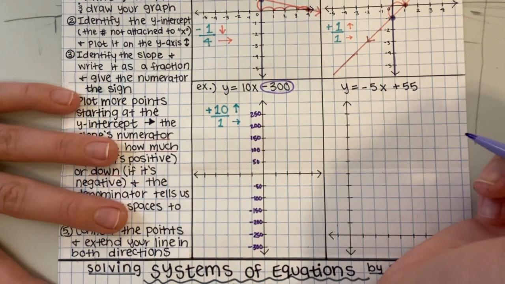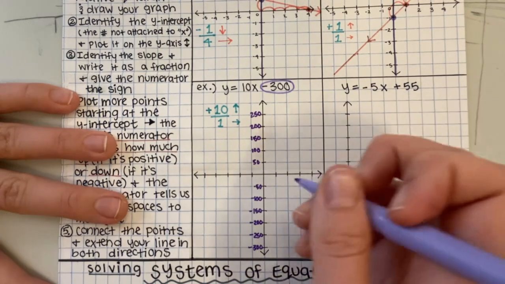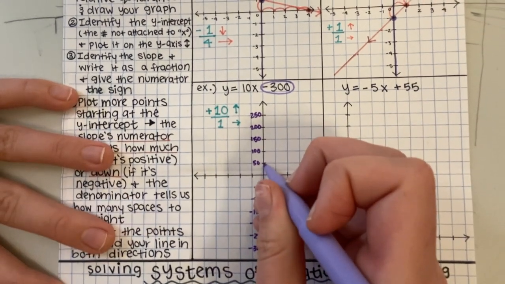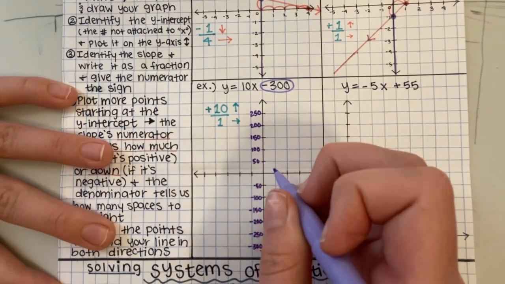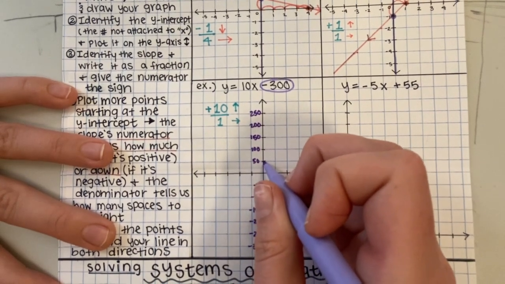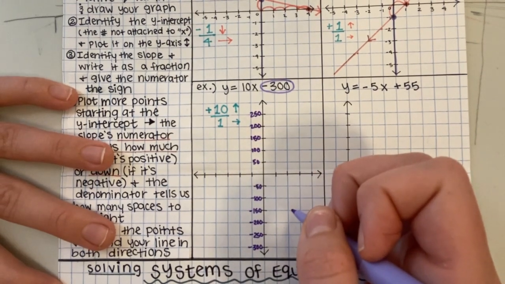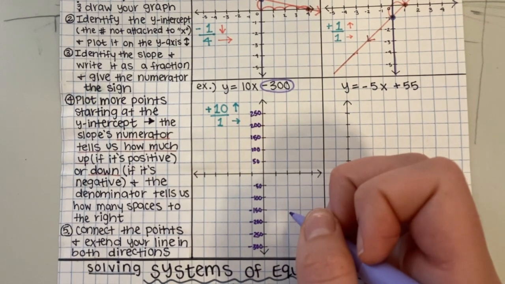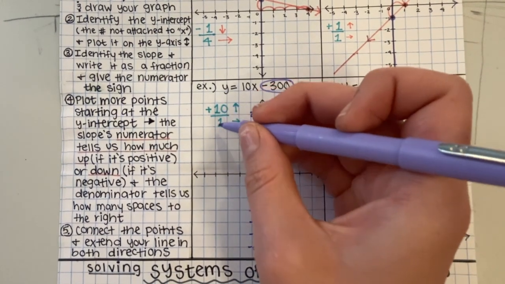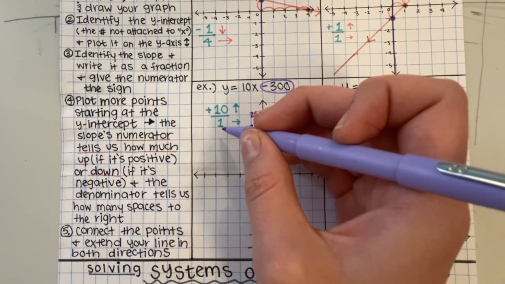So what I'm going to do is think about, okay, I'm counting by 50s on this scale. So what would make sense to make a slope easy to look at? And this is just going to take a lot of practice. I know that what will make sense, since this is a ratio of 10 to 1, is a ratio that's the same.